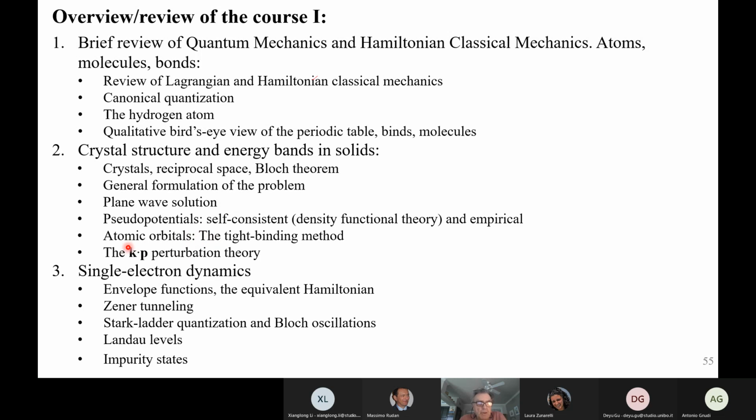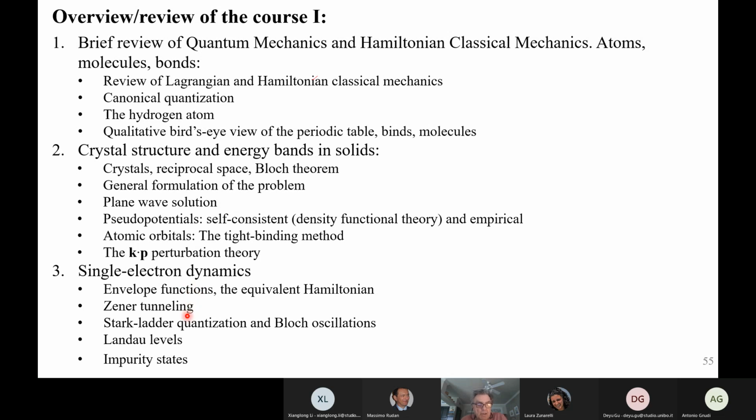We saw alternative methods rather than using plane waves, using atomic orbitals. So we saw the tight binding method, and then we used the oddball way, which is used sometimes, which is k·p perturbation theory.